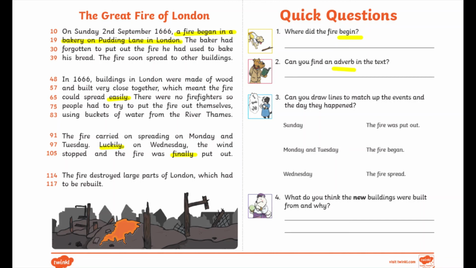So which one of these happened first? That's it, the fire began. So we should have linked up the fire began with Sunday. And we can double check that up here. On Sunday, 2nd of September, a fire began.